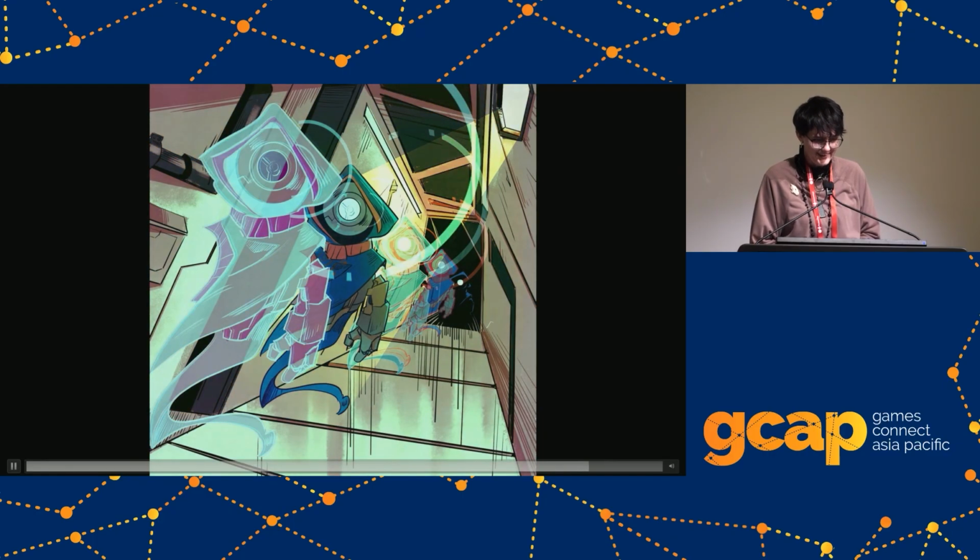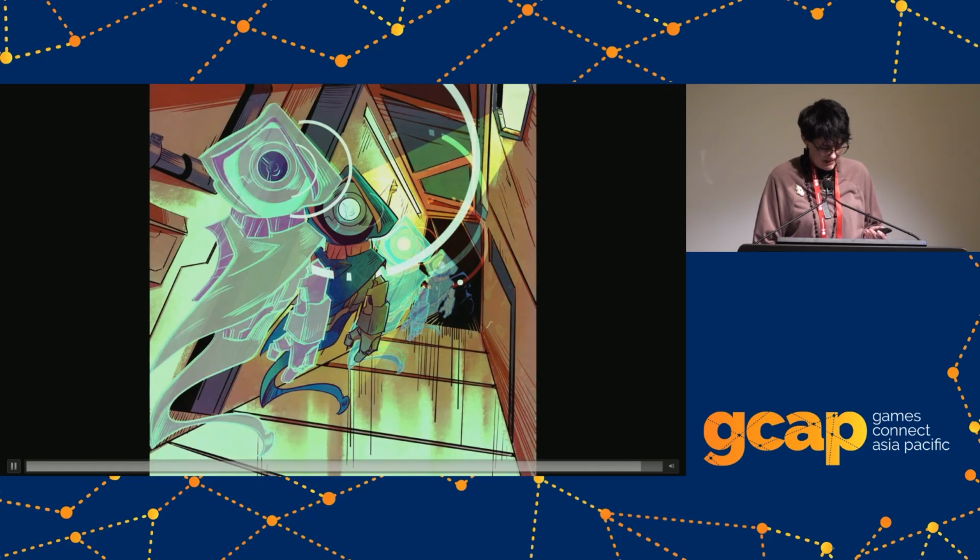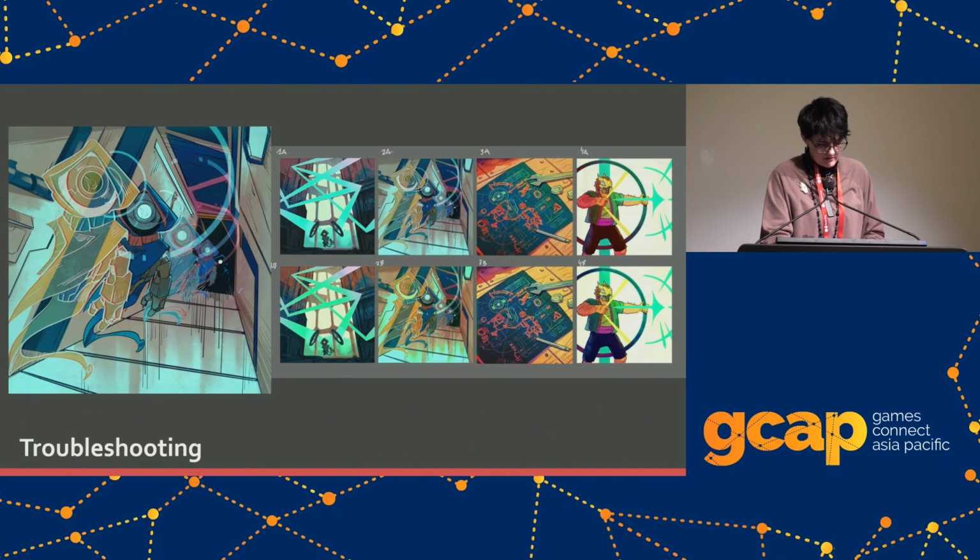Oh boy. Because sometimes what definitely happens is you'll come to the end of a piece and you'll realize that the color scheme didn't actually work out. So, how do you troubleshoot this? Well, the first place to check if you're having issues with the color scheme is you check the gray values.